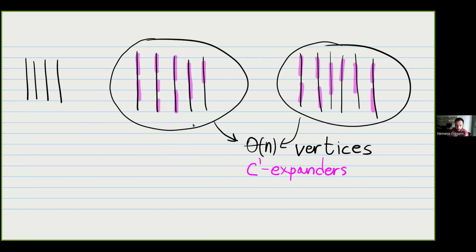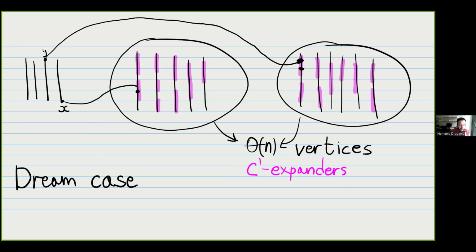What is left, let's say this purple graph, is a C prime expander where C prime is a slightly worse constant than C. So one thing which I want to do is to decrease the number of paths in such a linear forest. And let's say, and this would be a dream case, that I have two vertices, x, which is an endpoint here, which has a neighbor inside of the first expander, and y, which has a neighbor inside of the second expander.